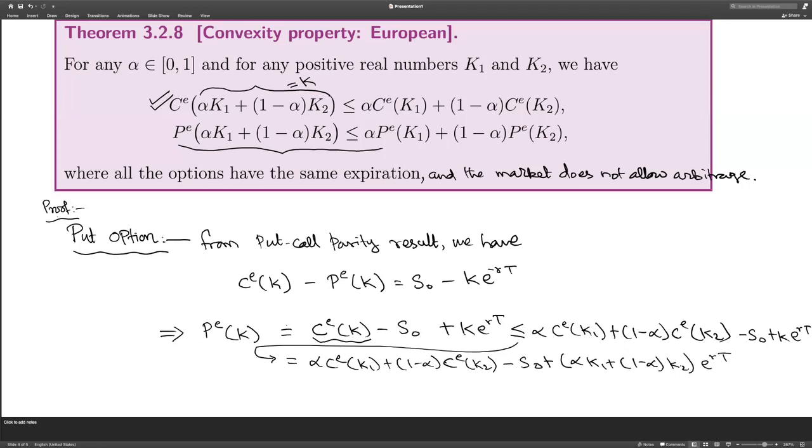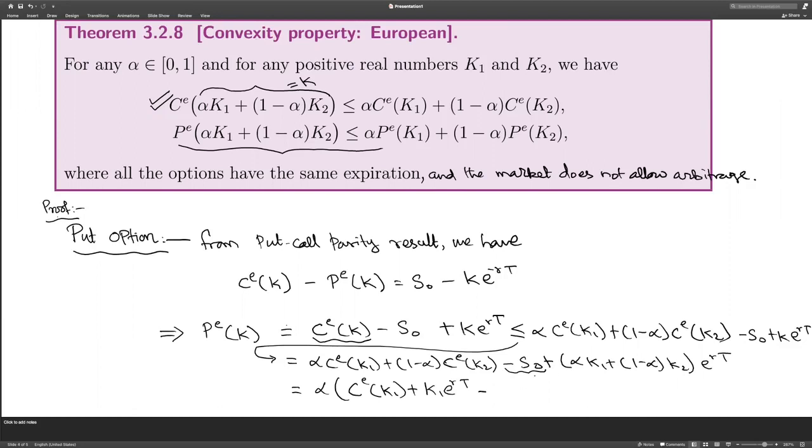Now all the alpha terms you group together and all the 1 minus alpha terms you group together. You will get alpha times CE K1 plus K1 e power RT. Now you have one full S naught that you can write as alpha times S naught plus 1 minus alpha times S naught, right?